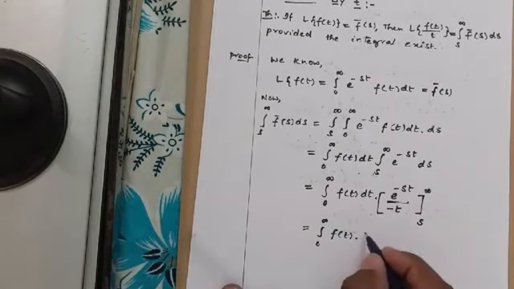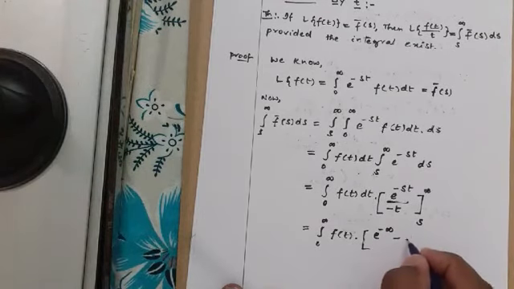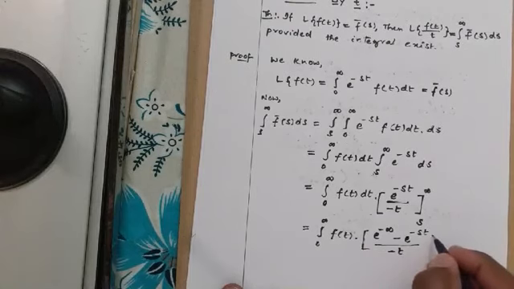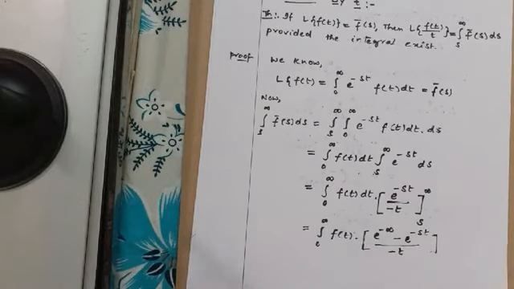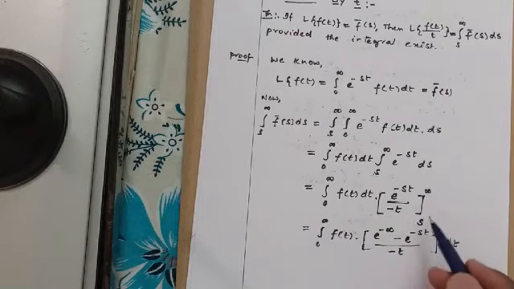When you apply upper limit and lower limit, this becomes e power minus infinity minus e power minus st upon minus t. Then close the bracket here, then you write dt.